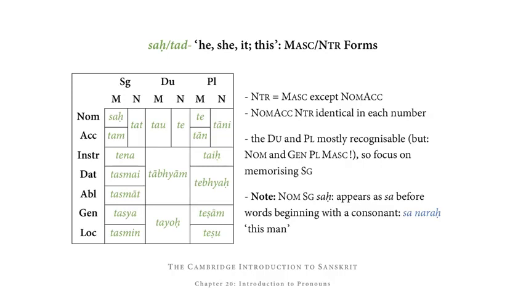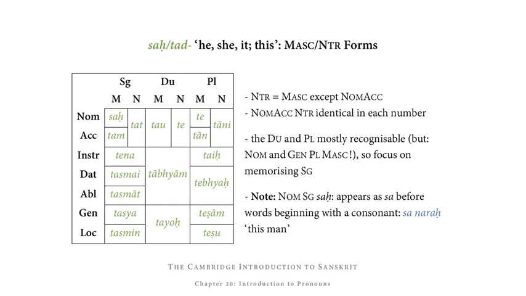But a vocative would be talking to someone, and that's what we would have in the second person pronoun, which is you. So no third person pronoun has a vocative. Thus, neuter forms only differ from the masculine in the nominative and accusative.